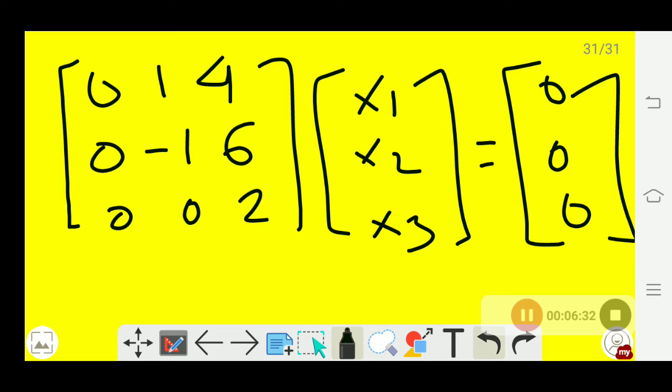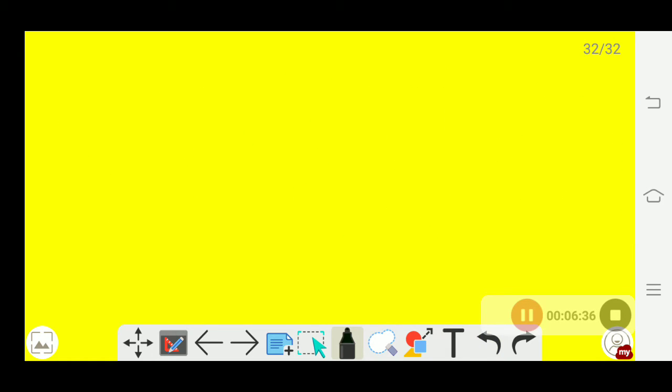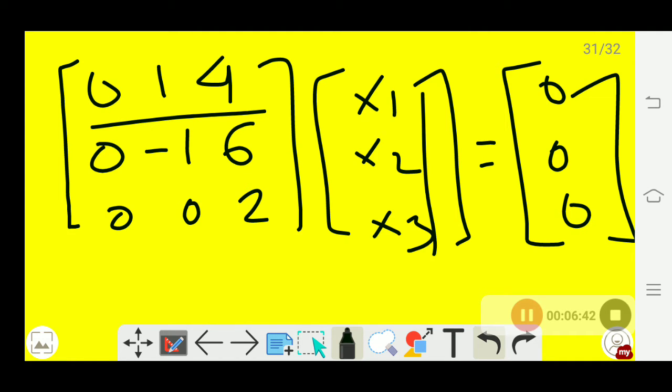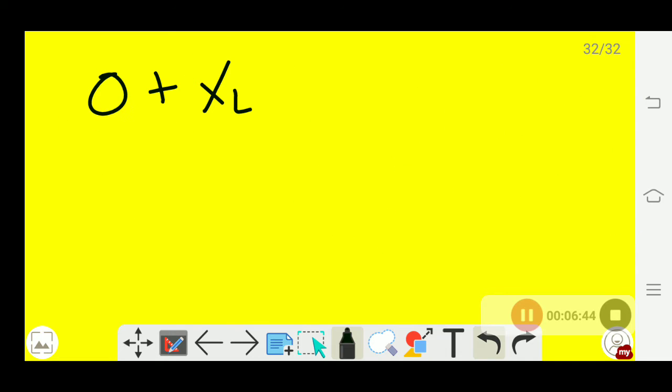So solve it now. You will get 0 from here, x2 plus 4x3.